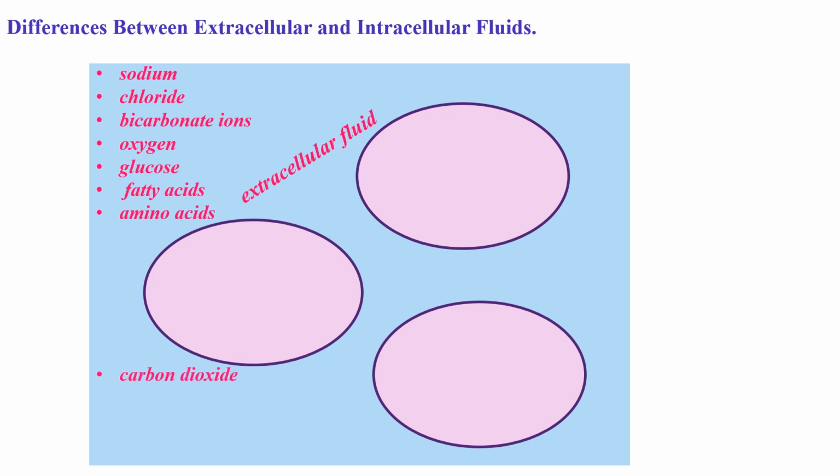Extracellular fluid also contains carbon dioxide that is being transported from the cell to the lungs. It also contains cellular waste products that are being transported to the kidneys for excretion.